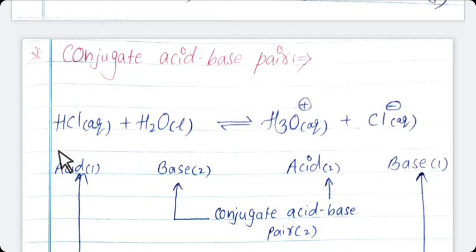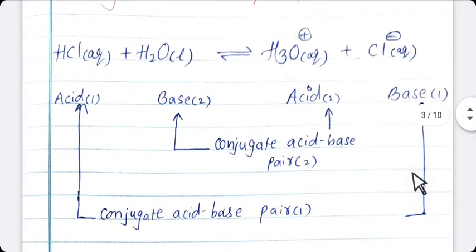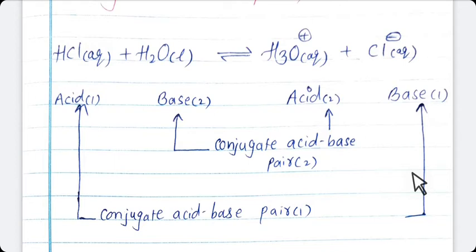It gives a proton to water, so it will become H3O plus. H2O and H3O plus both are a conjugate acid-base pair, and HCl and Cl minus are again a conjugate acid-base pair.